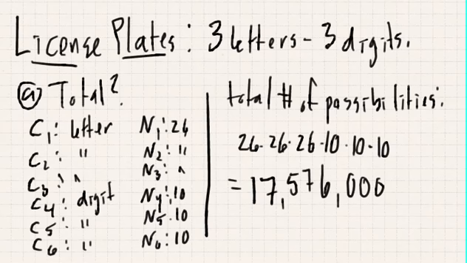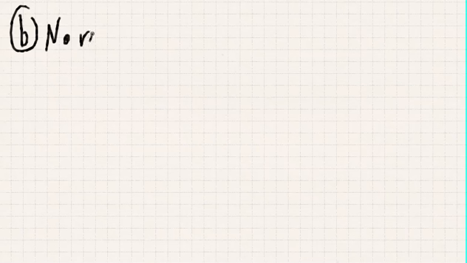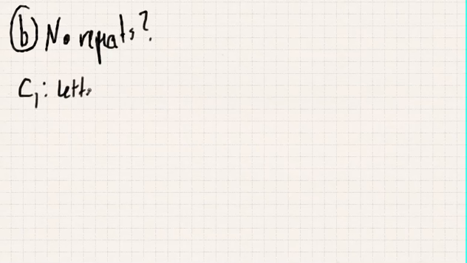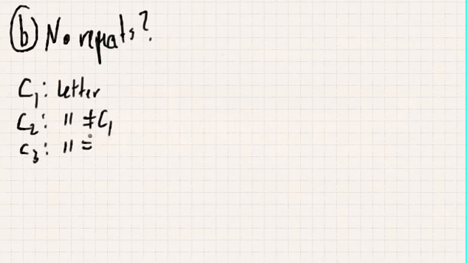But what if we wanted to put some more stipulations on this? How about a similar thing to what we've already done? Let's say that there are no repeats. Now my choices are more or less the same. I've got a letter for C1. For C2, my letter can be anything but not C1. My third choice can be any letter, but it can't be C1 and C2.